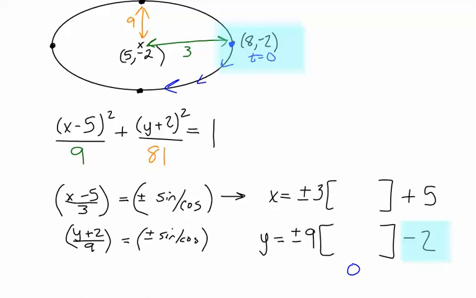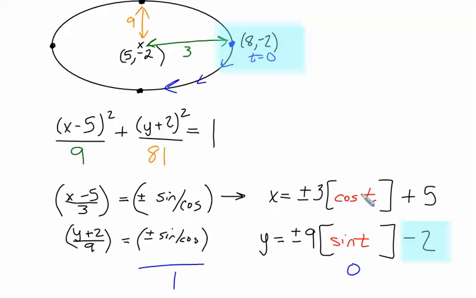Well, here's the scoop. Sine of t is equal to 0 when t is equal to 0. So if we put sine of t here, at t equals 0, we're going to get the y coordinate we want. On the other hand, that means cosine of t is going to have to come up into the top equation because one needs to be sine and one needs to be cosine in order to get sine squared plus cosine squared is equal to 1.